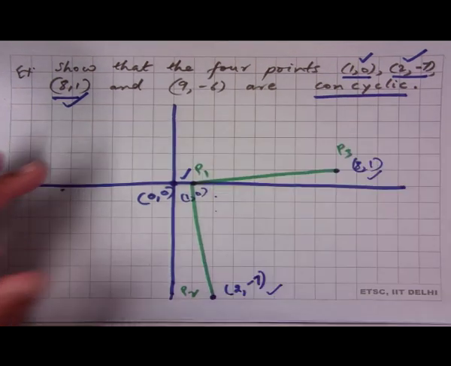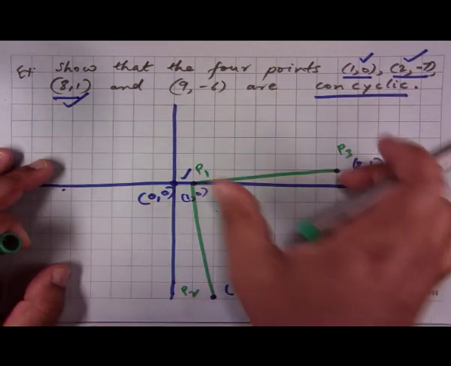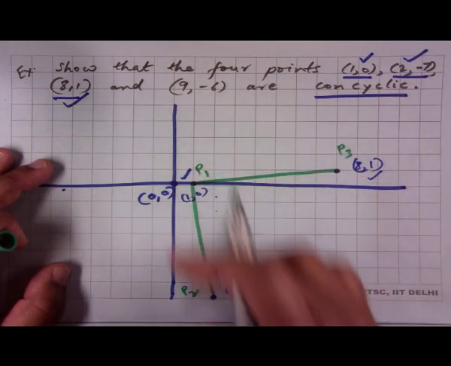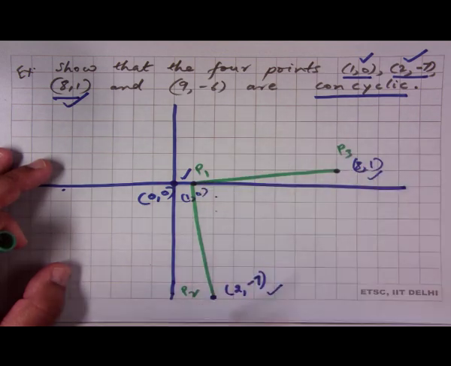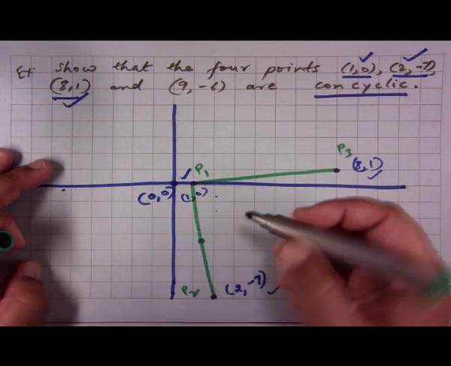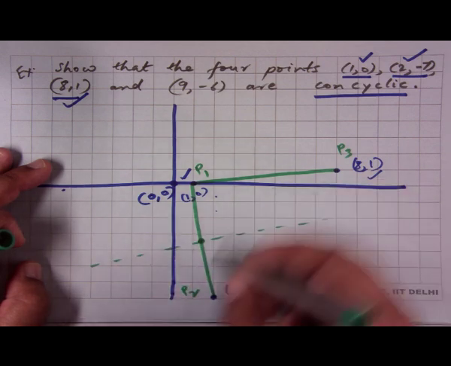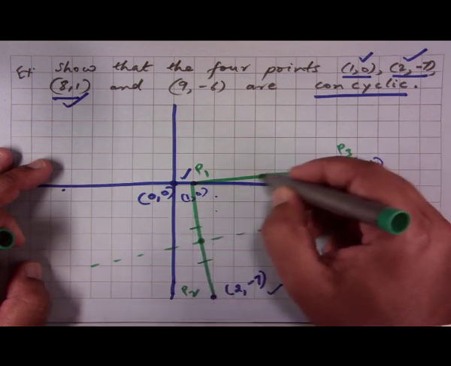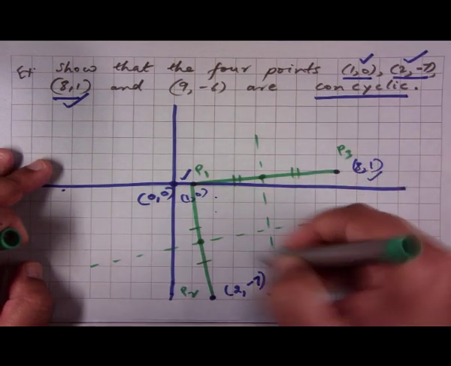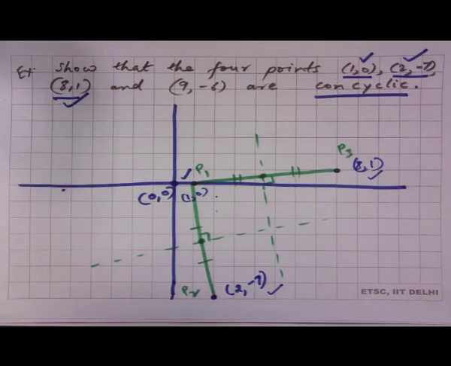Then we can consider these 2 straight lines, which will obviously be chords of the circle which passes through P1, P2 and P3, and we will find out the equation of the perpendicular bisectors of these 2 chords.